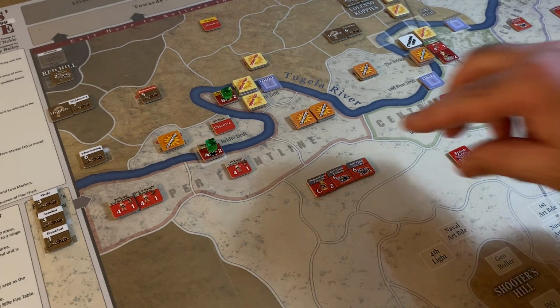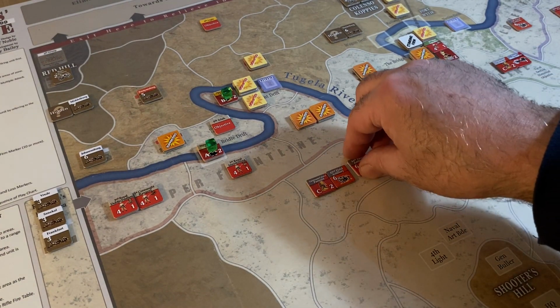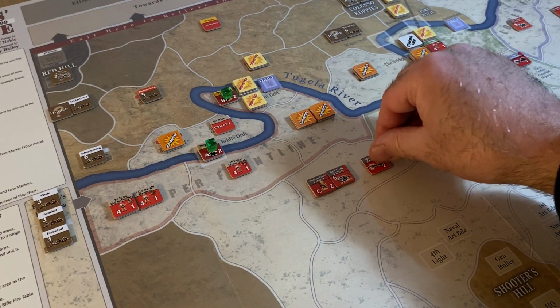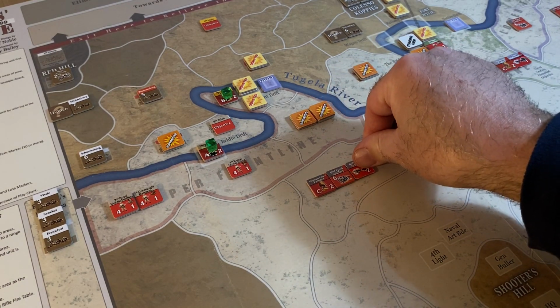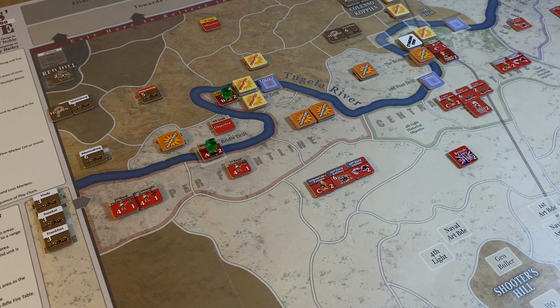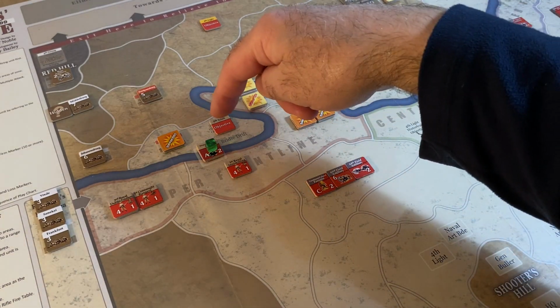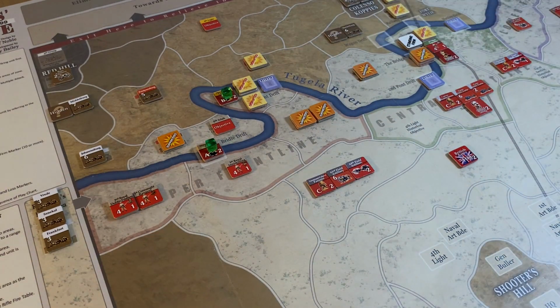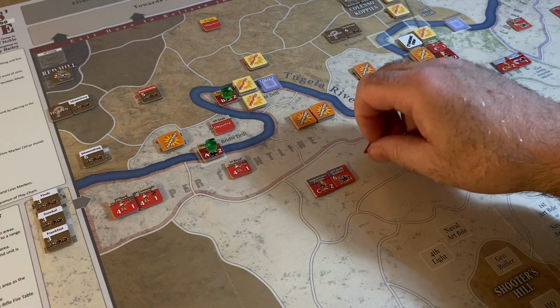I think I'm going to do this, actually. So in this movement phase, I'm going to limber this guy up. Or am I? Because remember, these two before, they attacked into here and here anyways. So they do have 2 targets. Yeah, maybe I should keep them together.